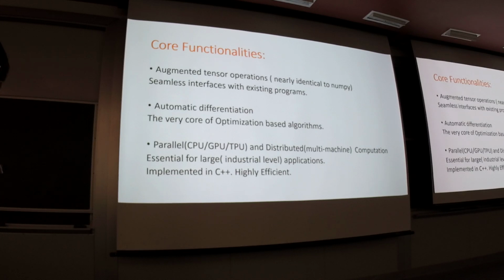TensorFlow can take care of the parallel and distributed computing for you. You just need to write your model, and whether you run on your own machine or the supercomputer, the program you write will be the same, and TensorFlow will take care of these underlying things for you.